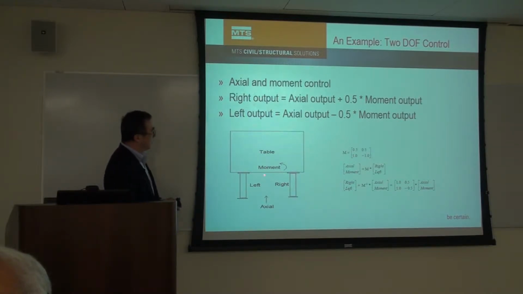I want to control the overall displacement and the rotation, which is a mix of the left and the right, so you need to do some calculation. The displacement is equal to the left displacement plus the right displacement, divided by 2. The rotation you can approximate as the left minus the right, divided by the distance, to calculate the angle.